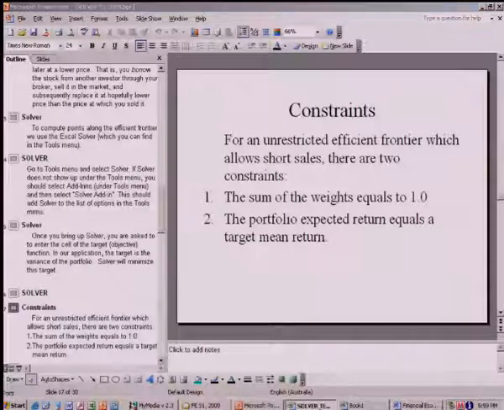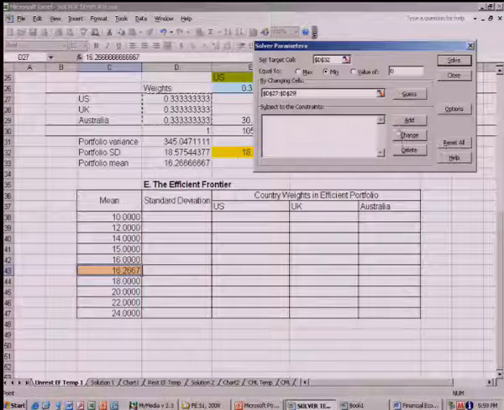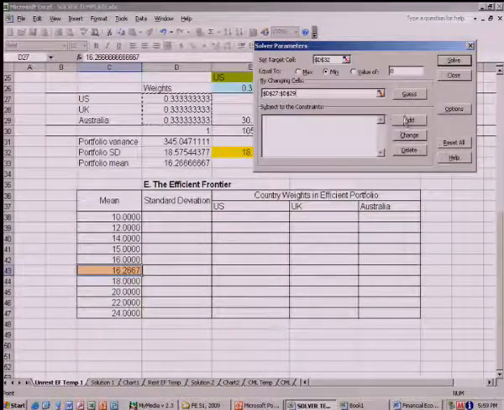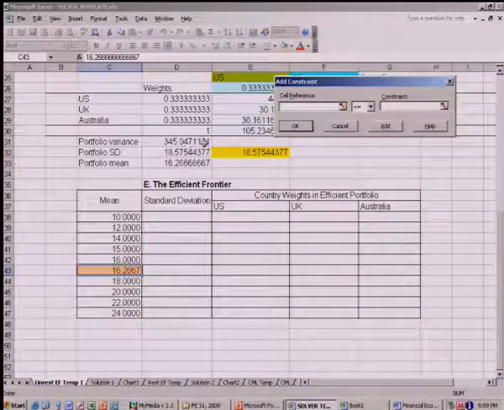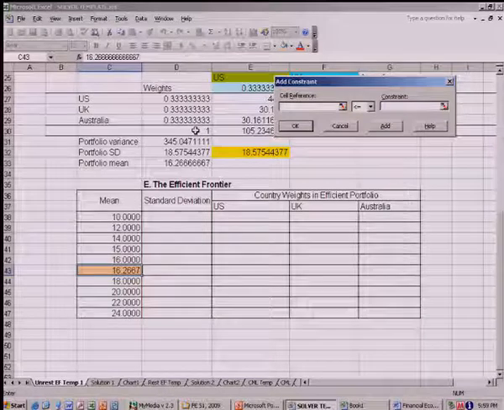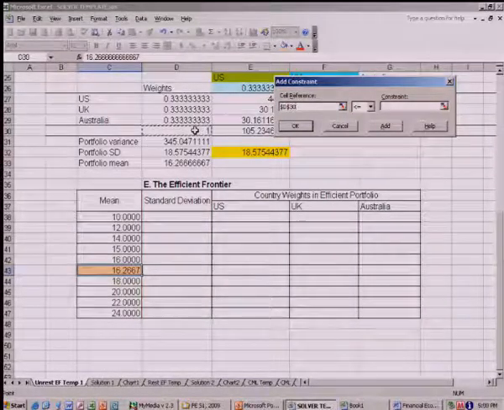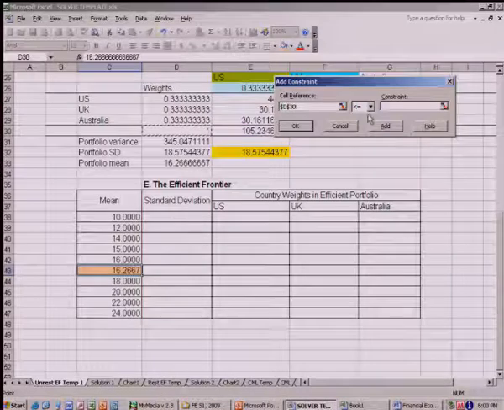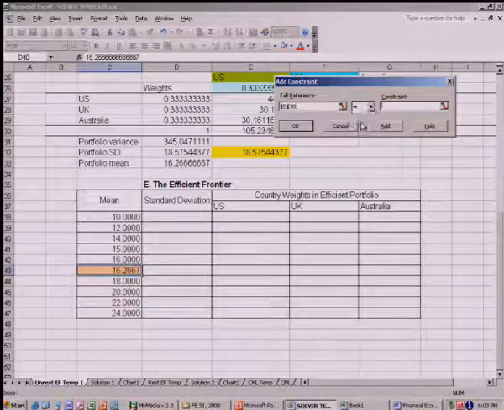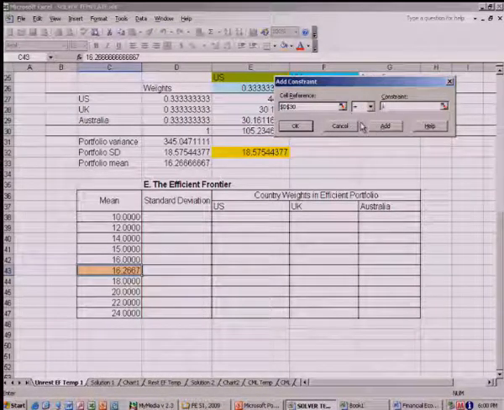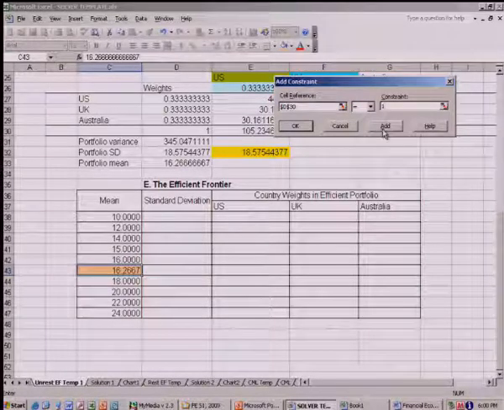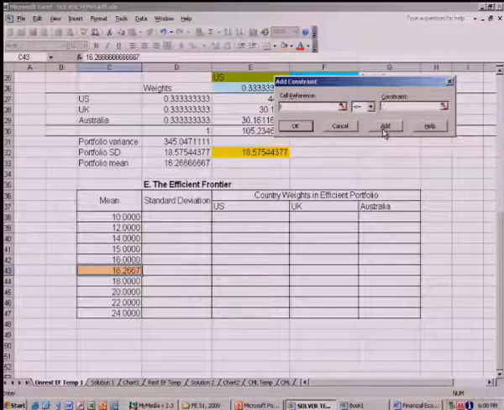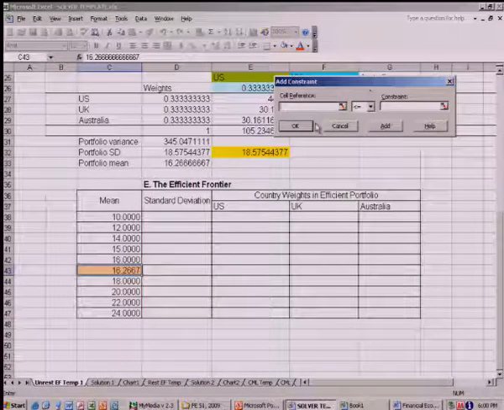So I'll go back, and under Subject to the Constraints, you can see there are a number of buttons here. Click on Add, and first we can say that the cell that contains the sum of the weights, which in my case is cell D30, I want that to be equal to 1. Then you click Add, and these cells will be emptied.